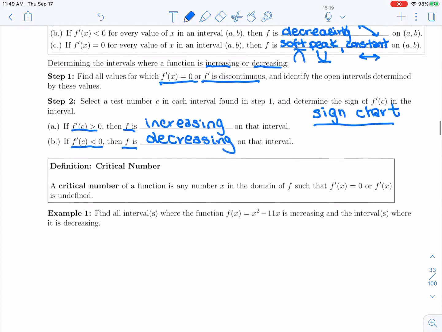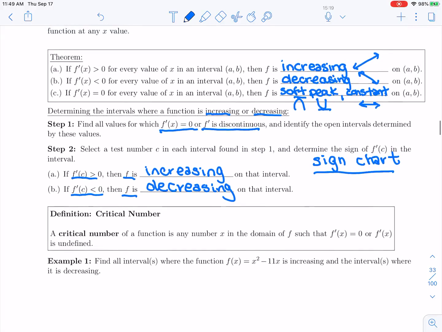The last thing before we hop into some of these examples is that when we set that derivative equal to 0 in the first step, we get a special type of number, and it's called a critical number. A critical number makes f prime 0, or it makes its denominator 0, so it can make it undefined.